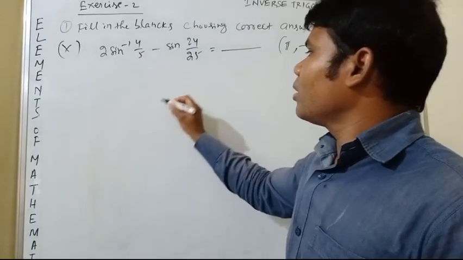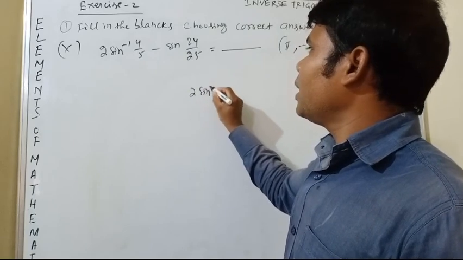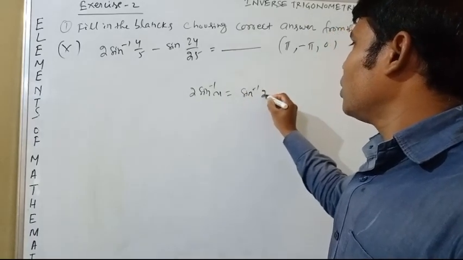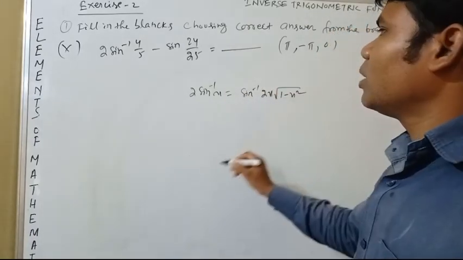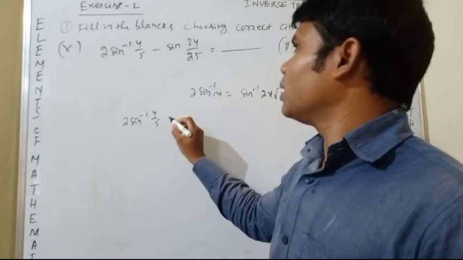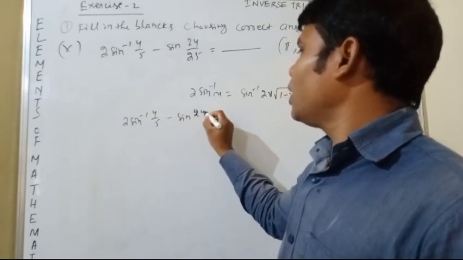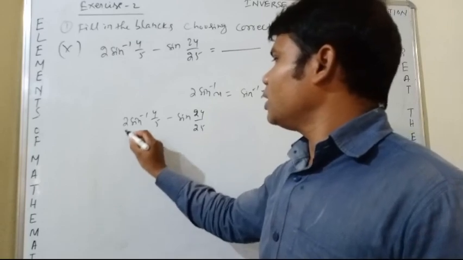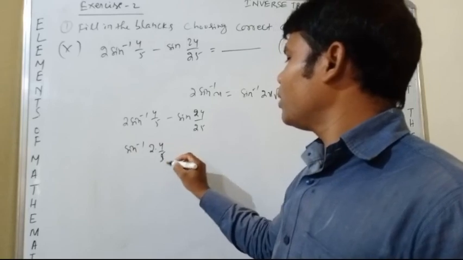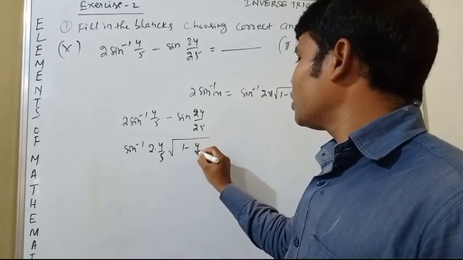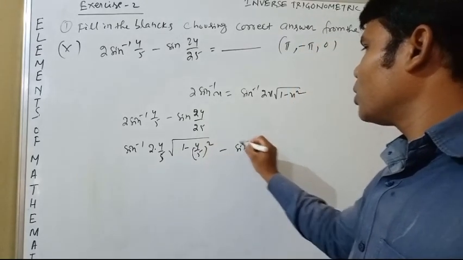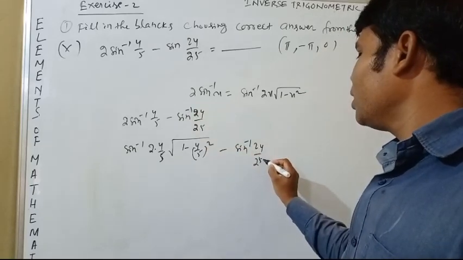You see, 2 sin inverse x is equal to sin inverse 2x root over 1 minus x square. Here, 2 sin inverse 4 by 5 is given, minus sin inverse 24 by 25. This is sin inverse 2 into x, where x is equal to 4 by 5, root over 1 minus 4 by 5 whole square, minus sin inverse 24 by 25.